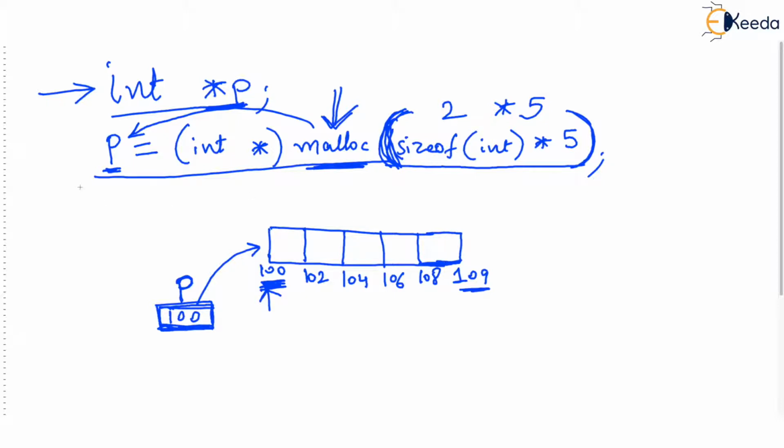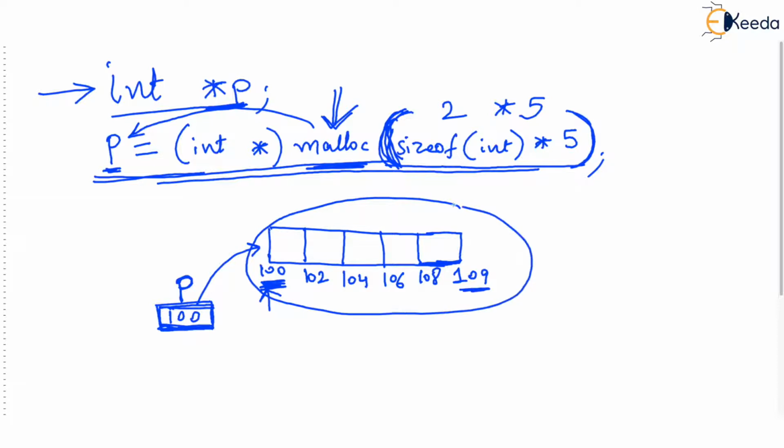So actually by writing this line, I agree that I have allocated 10 bytes, but those 10 bytes is actually a home for 5 integers, and that too 5 integers can be stored sequentially. So you tell me, isn't this an array? Yes, it is an array of 5 integers.